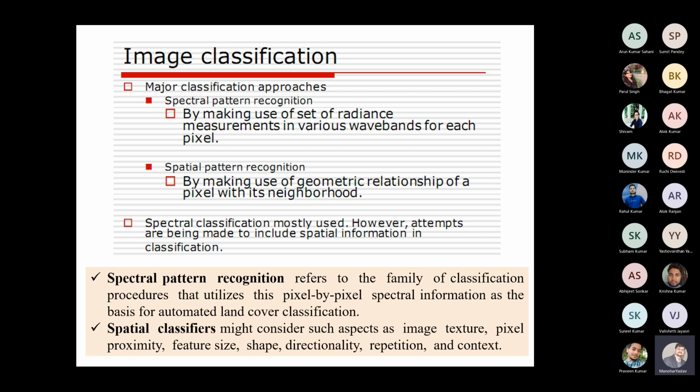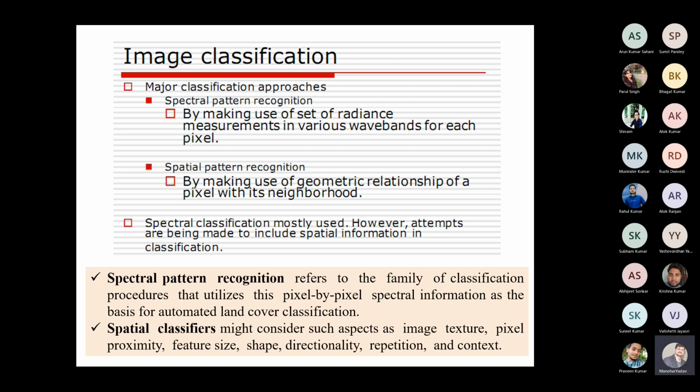What is the radiance from vegetation in green? And in the NIR band, as I discussed before. So on the basis of the actual digital number, which is the representation of the radiance we get from those classes, the spectral classifier works.